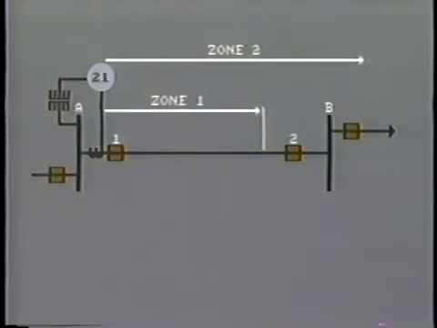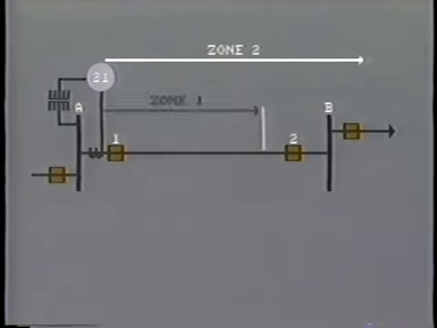Now let's turn our attention to line protection. We have discussed in earlier tapes the problem in trying to obtain 100% high-speed protection of the line. For example, with the distance relay, the high-speed first zone element is normally set to cover about 80% of the line.